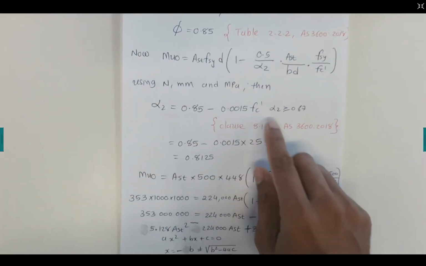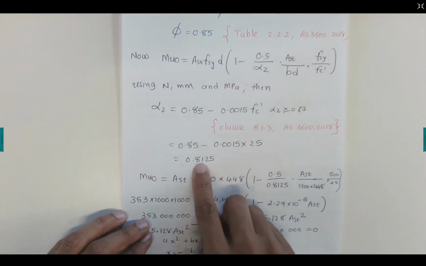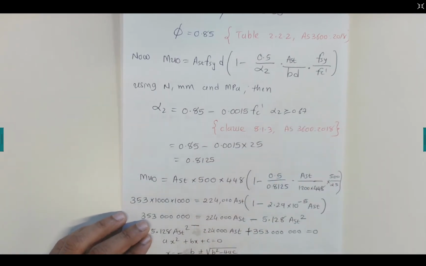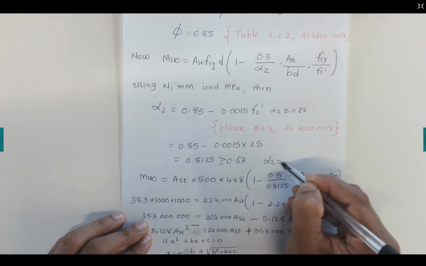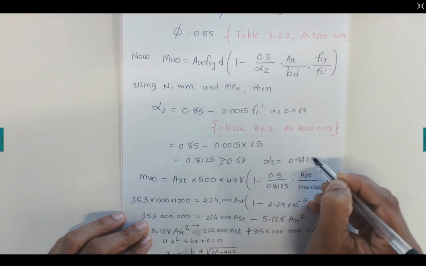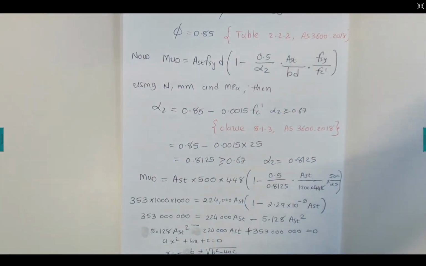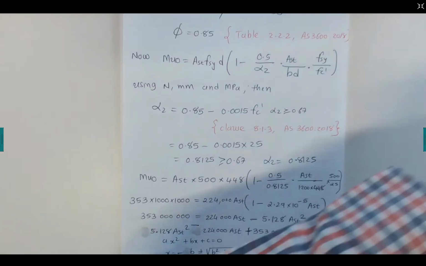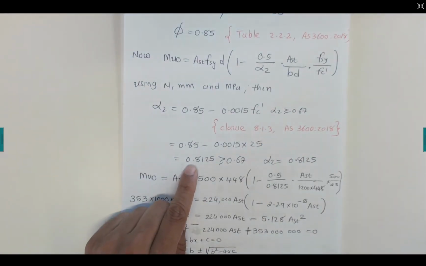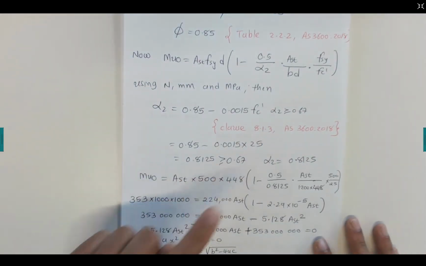We substitute that value and get 0.8125. Please check the conditions. This is greater than 0.67, so alpha 2 is 0.8125, that is okay. It is given in the standard in the same clause that alpha 2 should be greater than 0.67. If this value is less than 0.67, we need to take 0.67.